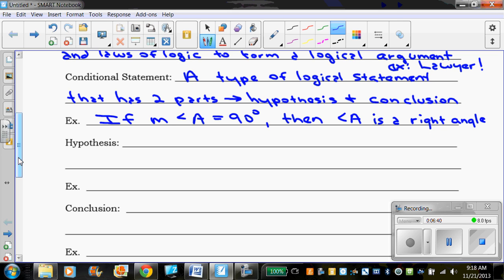The hypothesis is the if part. So hypothesis is the if part of the conditional statement.